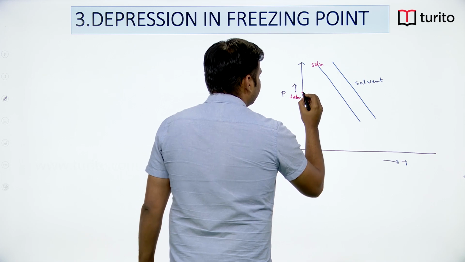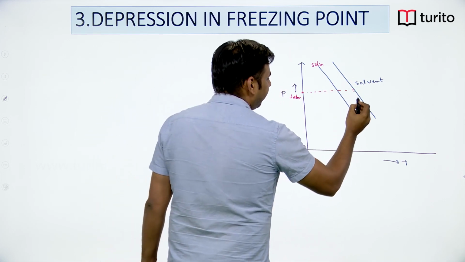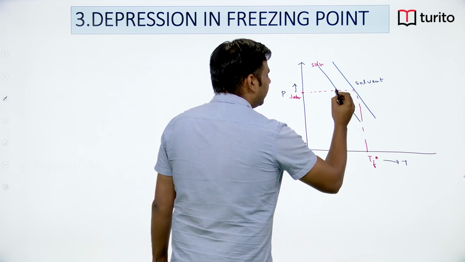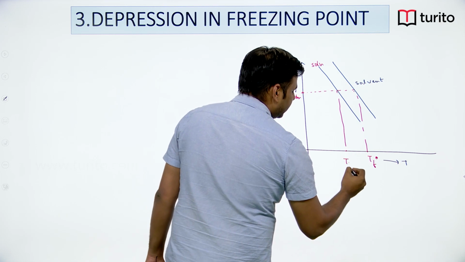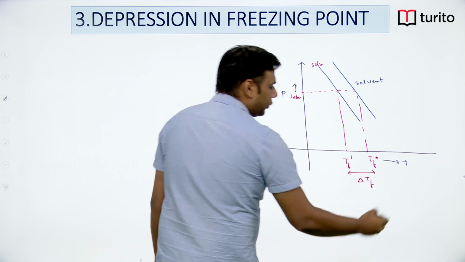Okay, so this would correspond to the freezing point of the pure solvent, and this would correspond to the freezing point of the solution. So you can clearly see that there is a depression in freezing point.